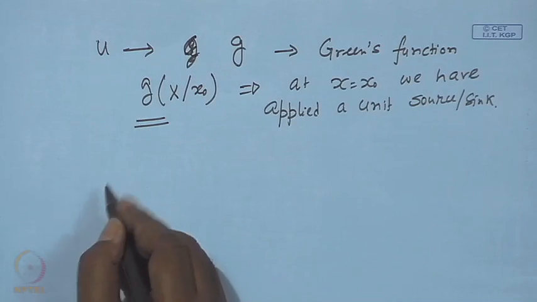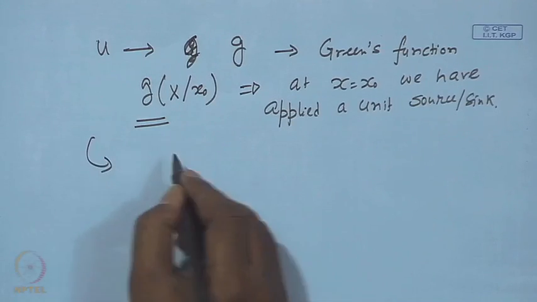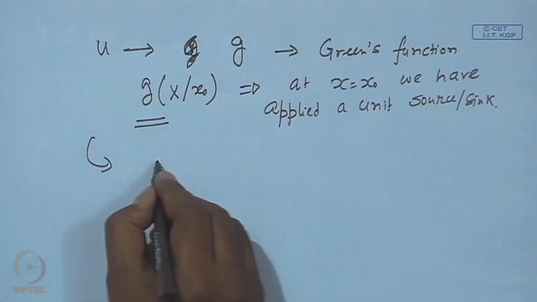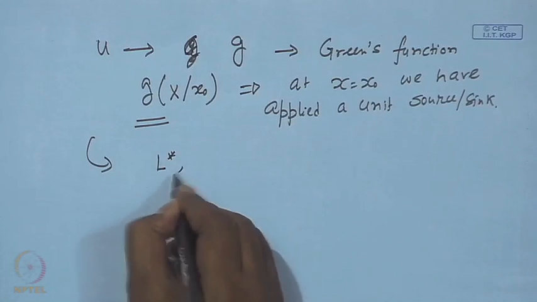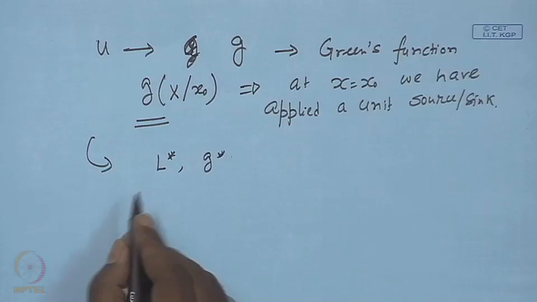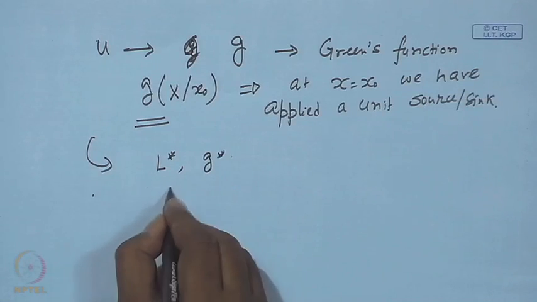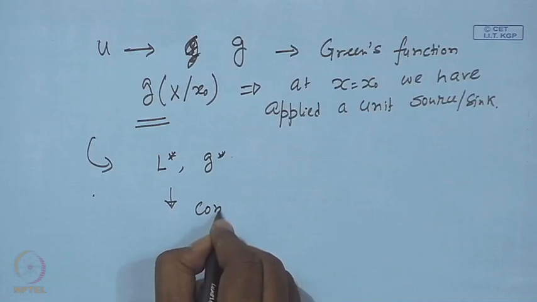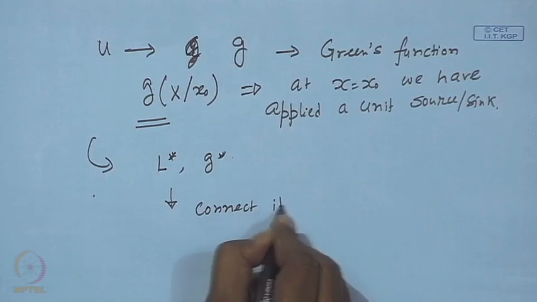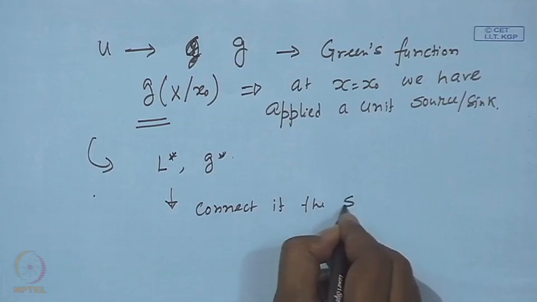Once we get that g, then we find the adjoint operator and adjoint Green's function, and then we connect it to the solution u.